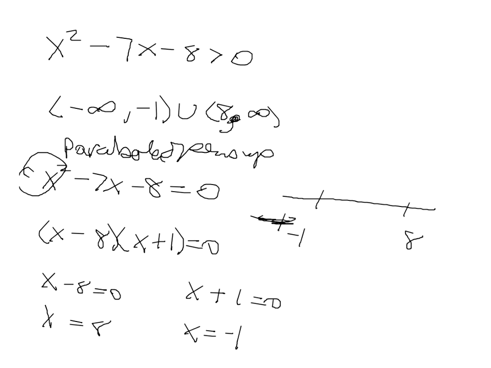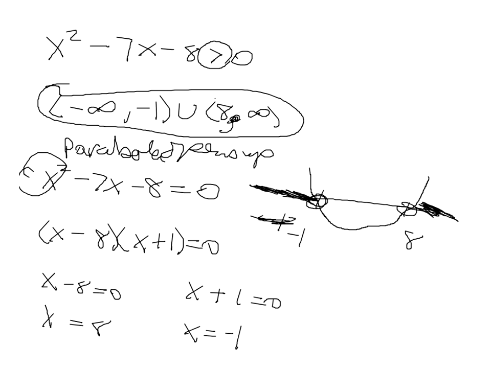So it's going to go through minus 1 and 8. And so over here I'm above 0, and over here I'm above 0. And because that is strictly greater than, it's an open circle, which is why I have the parentheses on everything.